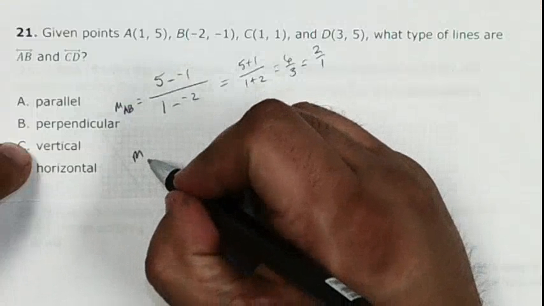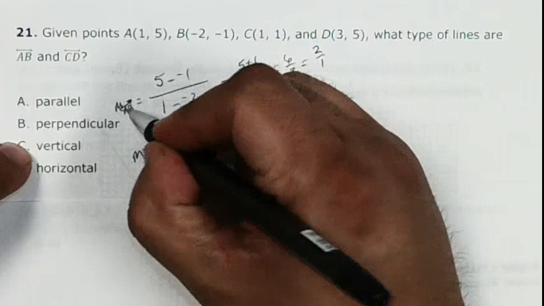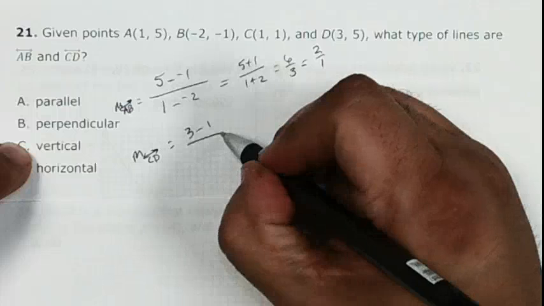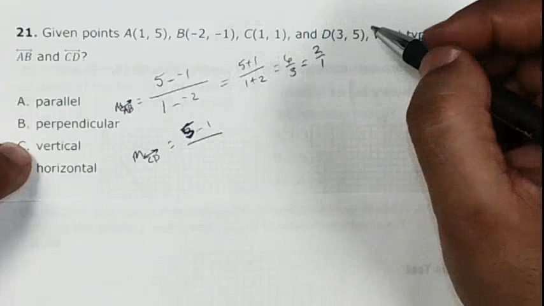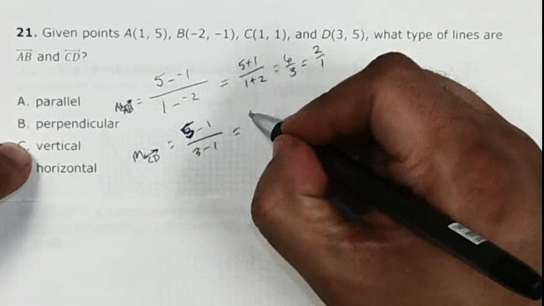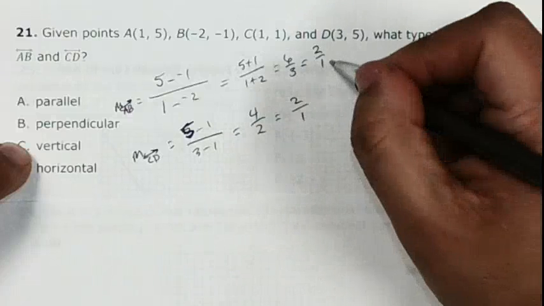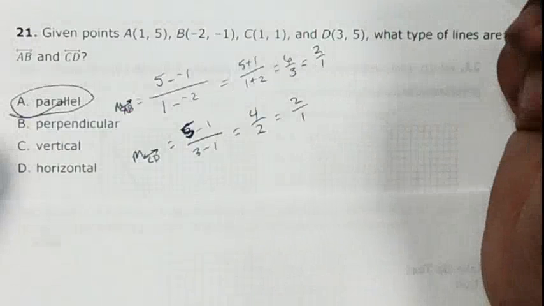And that's going to reduce to 2 over 1. If I look at the slope of line CD, same thing, I'm going to do 5 minus 1 over 3 minus 1, which becomes 4 over 2, which is also 2 over 1. Since they have the same slope, that means they're parallel.